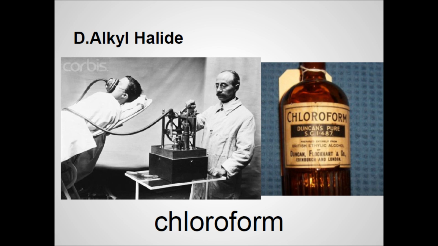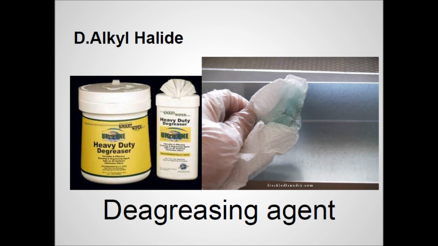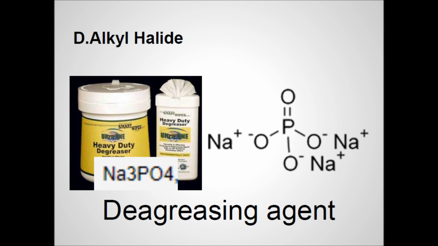Chloroform is also an example of an alkyl halide, and it is made of trichloromethane. 3 Cls and 1 H are connected to the C in the middle. Degreasing agents can be used in everyday life as an alkyl halide that is made of trisodium phosphate. There are 4 oxygens connected to the P in the center and 3 Nas around them.